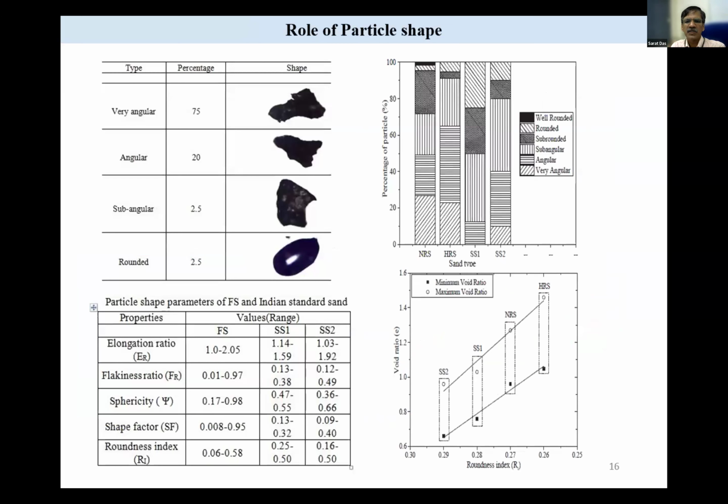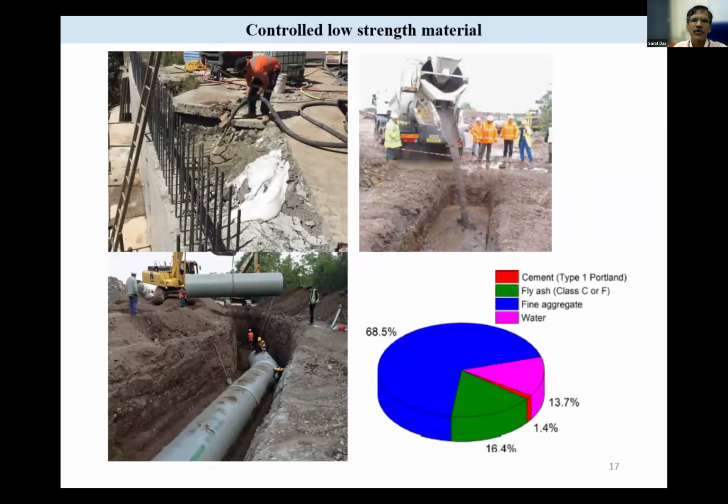When we are using it as a geomaterial, any coarse grain, whereas this industrial material has different shapes and sizes. For that, we can do the analysis. Nowadays, we are doing image analysis through advanced software like MATLAB, and there we find out whether it is well-rounded, rounded, and so on. These are required for its valorization or utilization for different products, like when I am going to use it as a controlled low strength material.